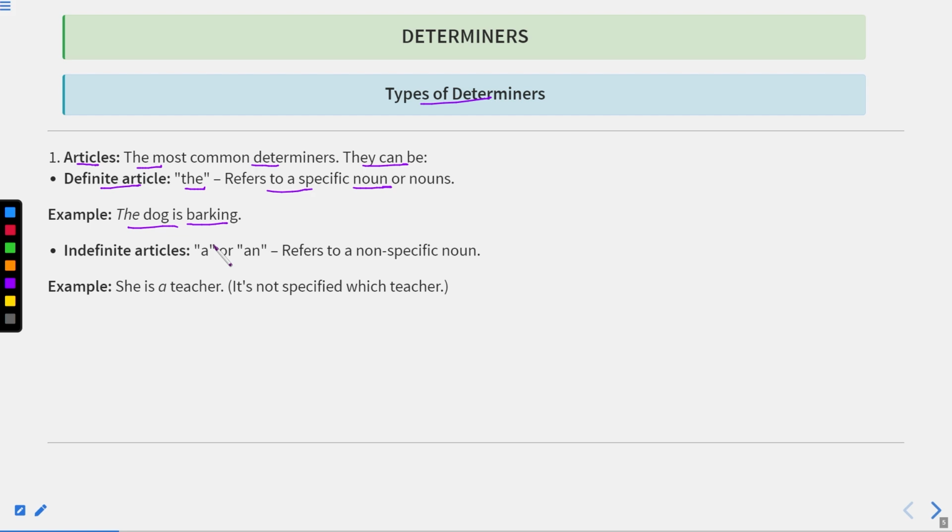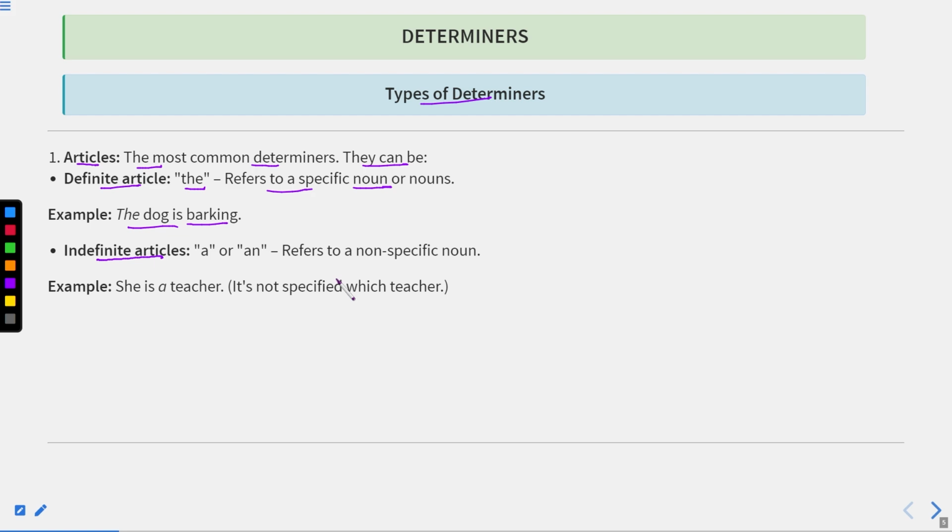Only a single dog I'm looking towards, that he is barking. For example, if I say the student is standing there, it means I'm talking about only that student who is standing over there.